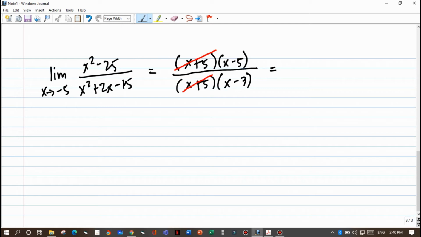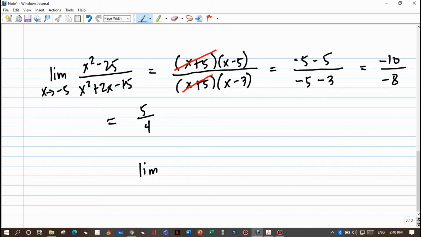So if we substitute now negative 5 to the function, or to the value of x, we get negative 5 minus 5 all over negative 5 minus 3. And this is equal to negative 10 over negative 8. Simplifying this one to its simplest form, we get positive 5 over 4.